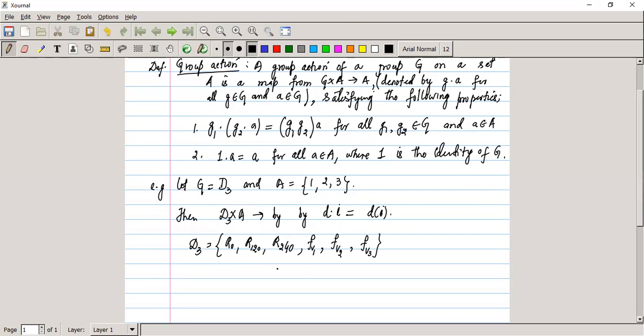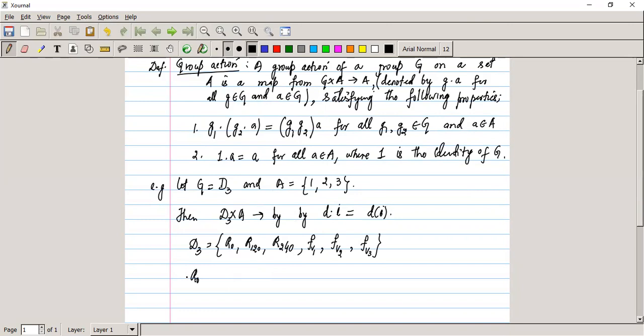In the previous lecture, we had already seen that every group action actually defines a permutation on a set A. So let's see how these elements define permutations on the set A. Since R0 is the identity element, R0 will keep everything fixed.